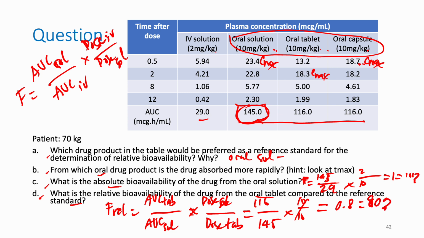So compared with the oral solution, the oral tablet has a relative bioavailability of 80%, smaller than 100%. That means the bioavailability of the oral tablet is smaller than the bioavailability of the solution.